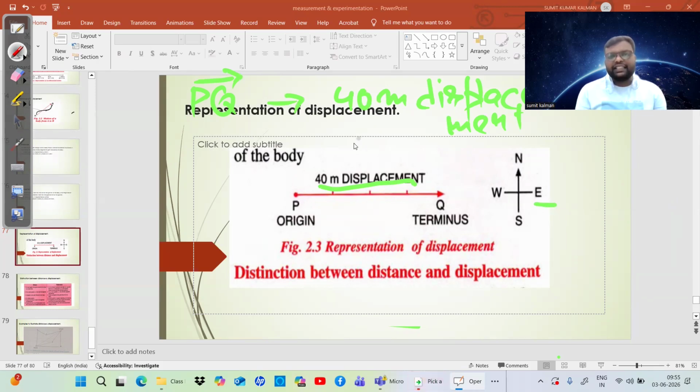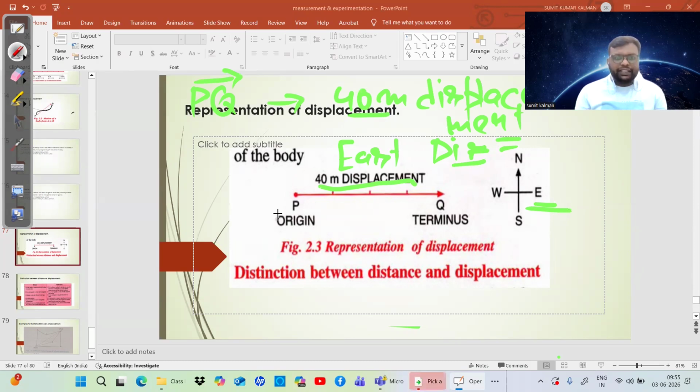In the east direction. As you can see here, in which direction is the body moving? The body is moving in the east direction. So this vector PQ represents 40 meter displacement in the east direction.